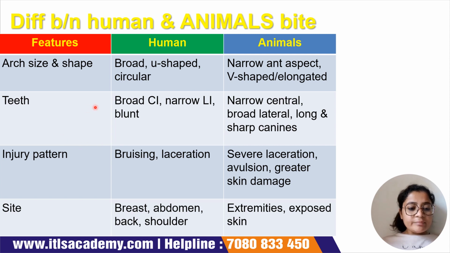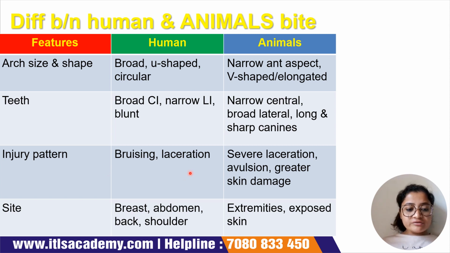Okay, now secondly, coming to teeth. Humans will be having broad, narrow, and blunt teeth, while animals will be having narrow central, broad lateral, long and sharp canines. Third will be the injury pattern.